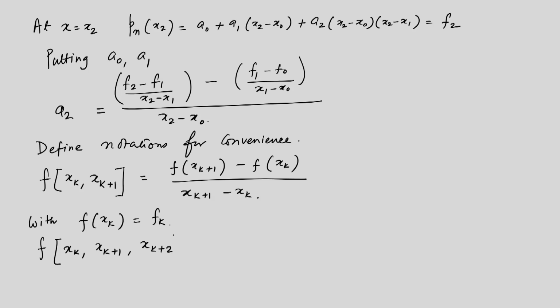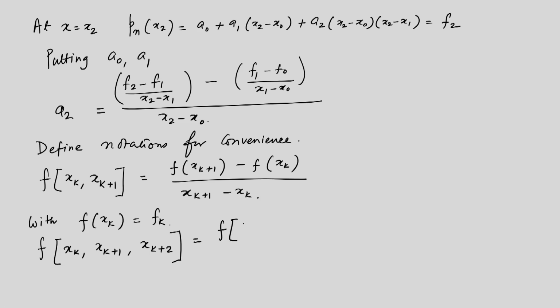This has to be written in square brackets, because the data points x k plus 1 are in single brackets, but whenever we define the left hand side, which is a function of two points, we write it in square brackets.